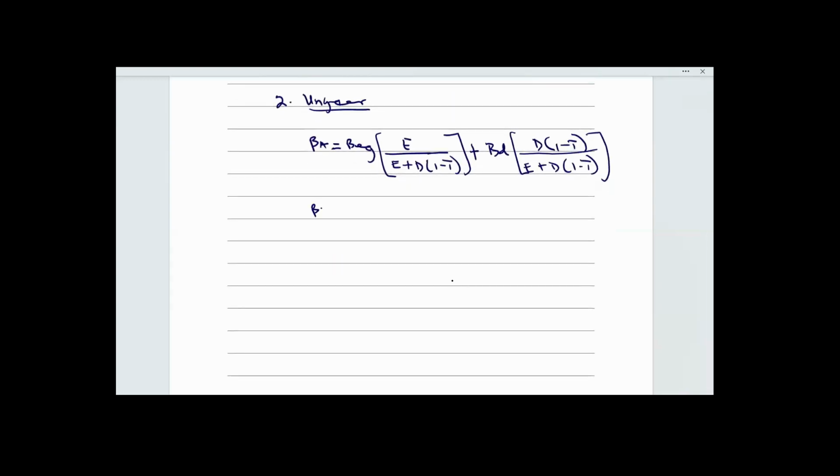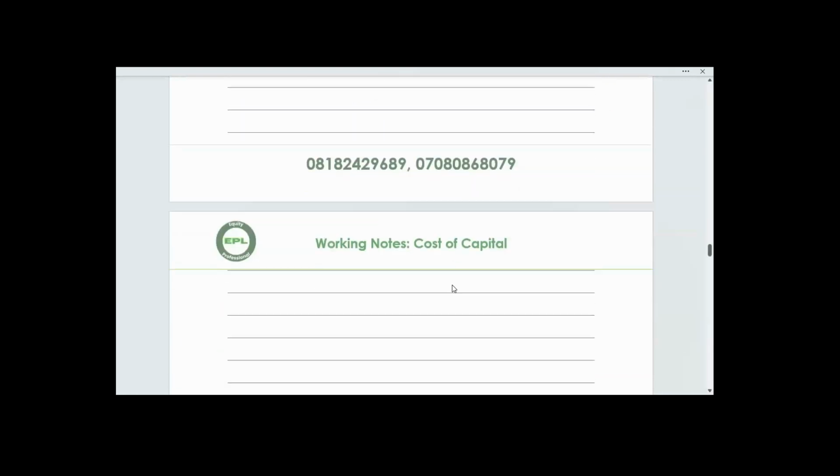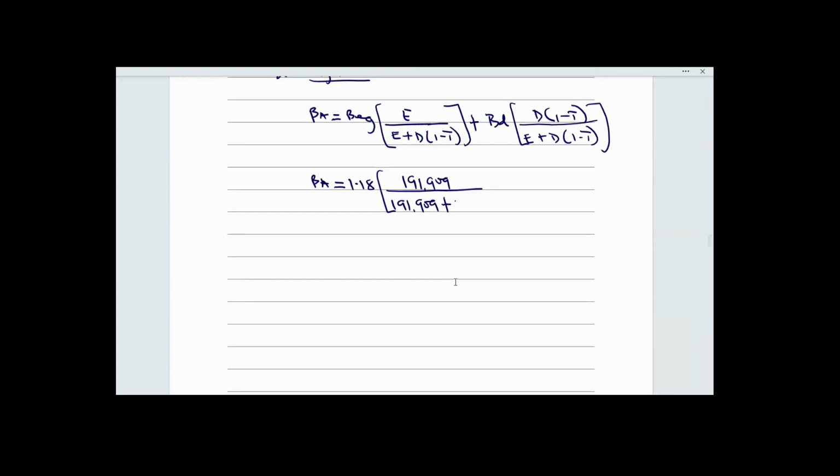Therefore, beta assets of the proxy company will be equal to 1.18 multiplied by equity value 191,909 divided by 191,909 plus debt value. Debt value we got 4,100. The tax rate is 0.35, so we are supposed to account for 0.65.